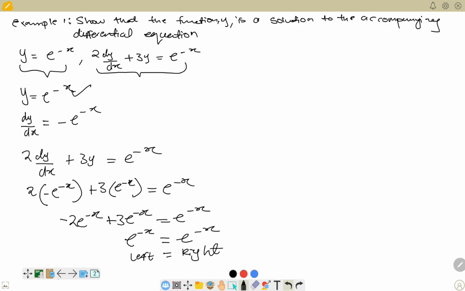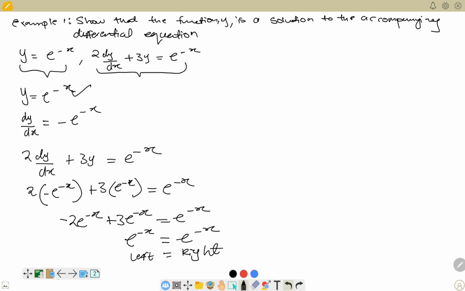So that function y is actually a solution to that differential equation. If maybe we differentiated and when we plug back into the differential equation, we find that the left hand side is not equal to the right hand side, it was not going to be a solution. Or maybe we'll go back and check if we have differentiated it correctly.